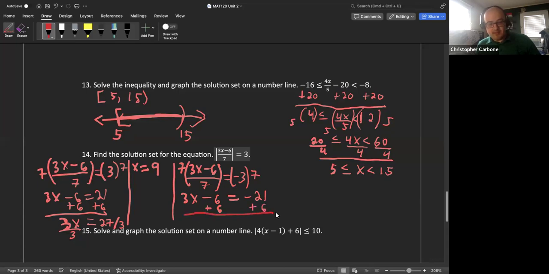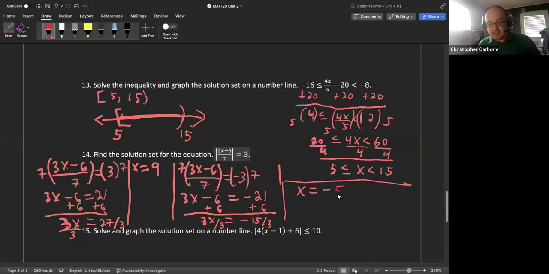This is going to make 3x equal to negative 15. And now when we divide by 3, this makes x equal to negative 5.